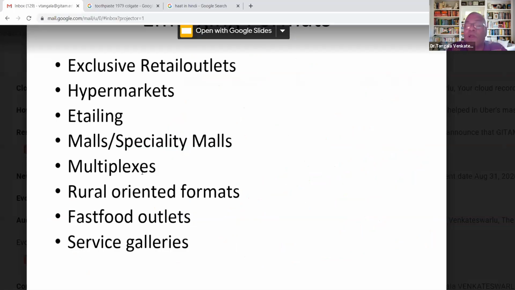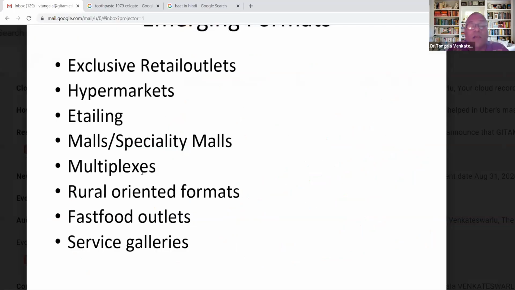Next is fast food outlets and quick service restaurants. They are called as QSRs. Similarly, service galleries. Service galleries are for consumer durables, you might be knowing that after sales support is an important concern. So service galleries, you can see every big consumer durable company has its service center, service galleries in various towns and cities.